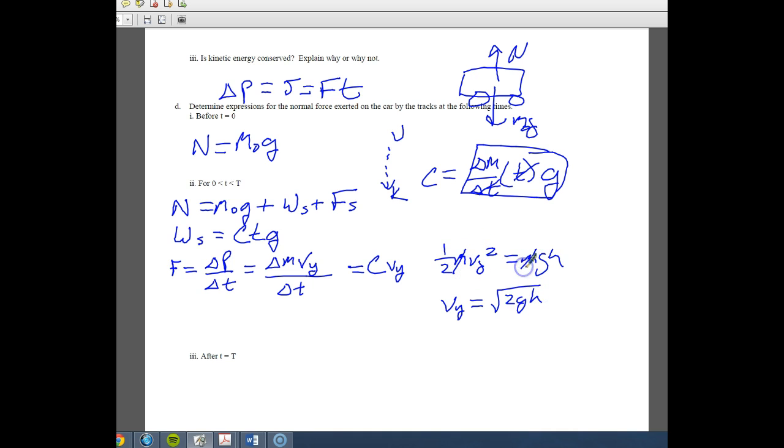Notice your masses cancel. And then the complete expression is going to be N is equal to, now we need to put in our m0 here.